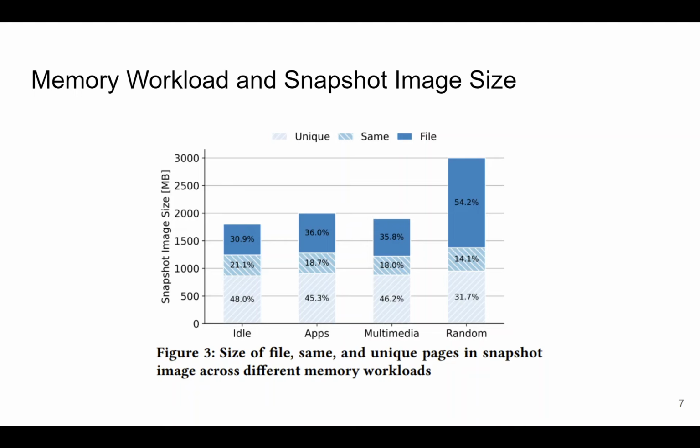According to our experiments, the snapshot images that can be reduced are slightly different on each workload. File page size increases the most on the random workload due to running many random applications. Snapshot images can be reduced by 18% on average by deduplication on same pages. We can perform the comparison at the end to reduce the image size further.